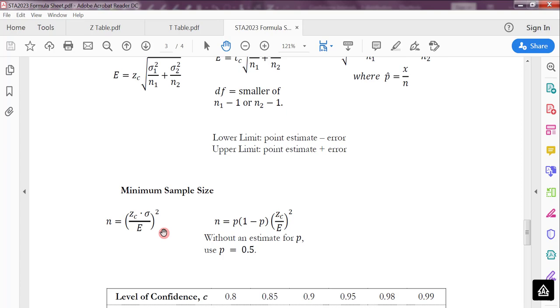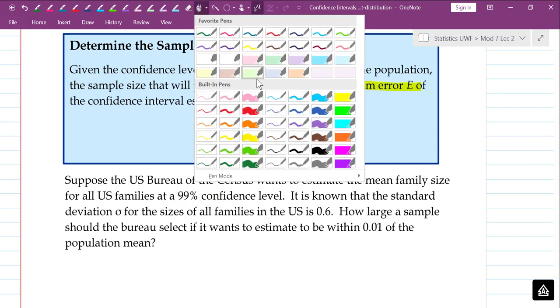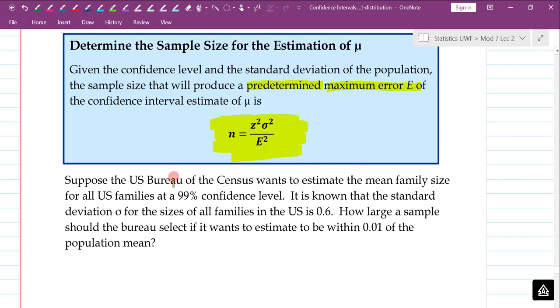All right, so let's get back over here. And it says, suppose the U.S. Bureau of Census wants to estimate the mean family size for all U.S. families at a 99% confidence level. It is known that the standard deviation, so when you see it is known, that's an indicator that you are dealing with the population standard deviation.